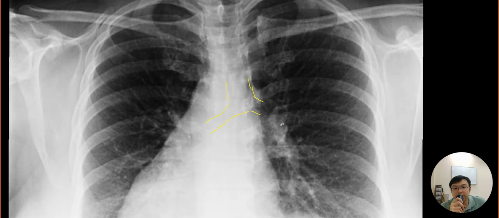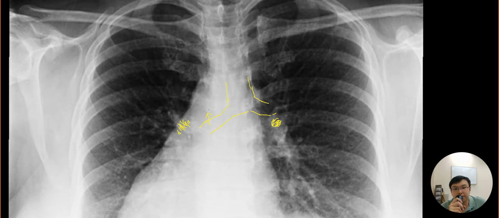Okay, so basically these are the two main stem bronchi, and you see this is the hilum. So the hilum here is above the main stem bronchus, and the hilum here, the pulmonary artery, is below it. So basically it is reversed from what we have just mentioned.